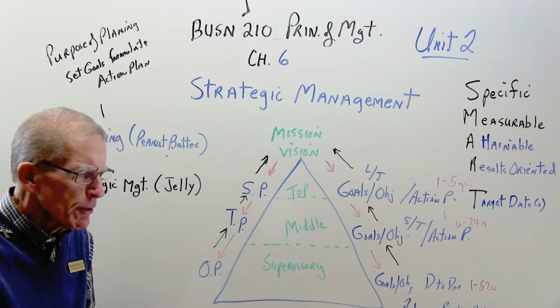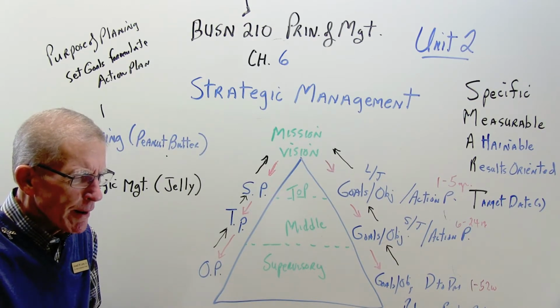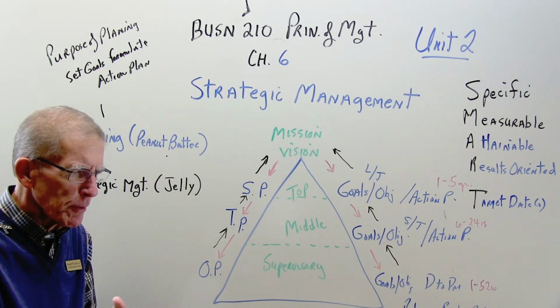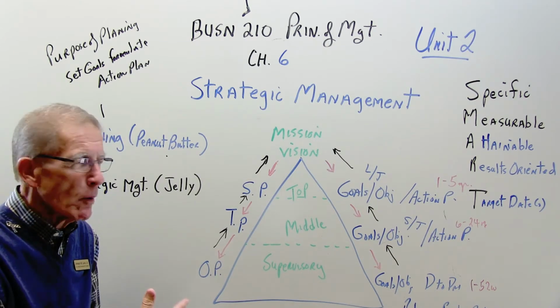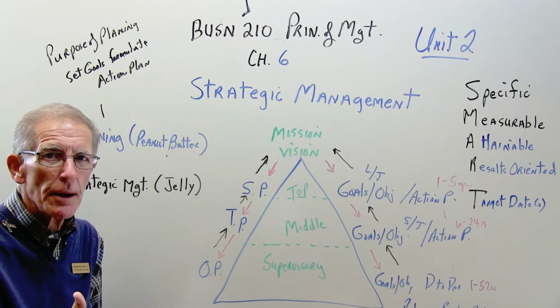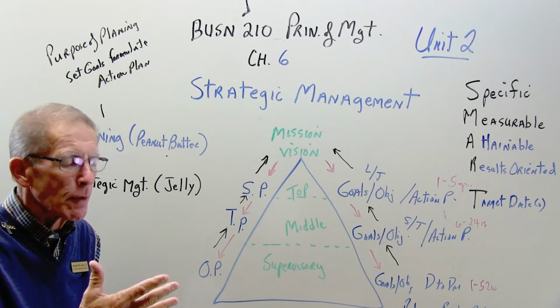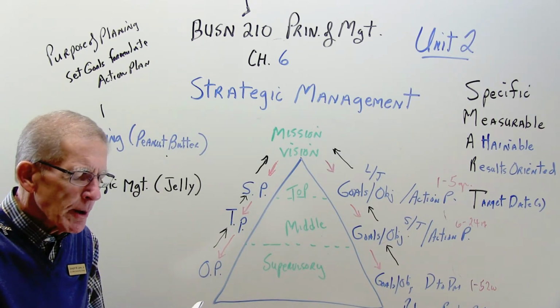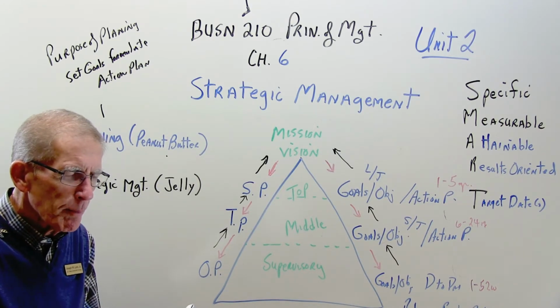Strategic positioning sounds to me like positioning something strategically, or positioning something important. Well, what are we positioning? I assume we're talking about positioning our company or our department or whatever. He says strategic positioning attempts to achieve a sustainable competitive advantage.